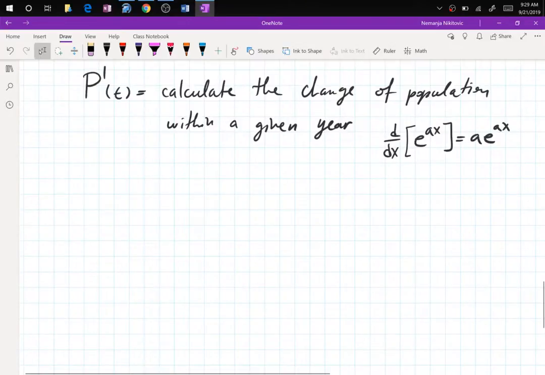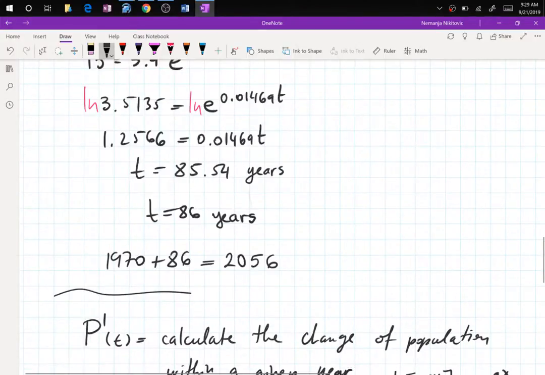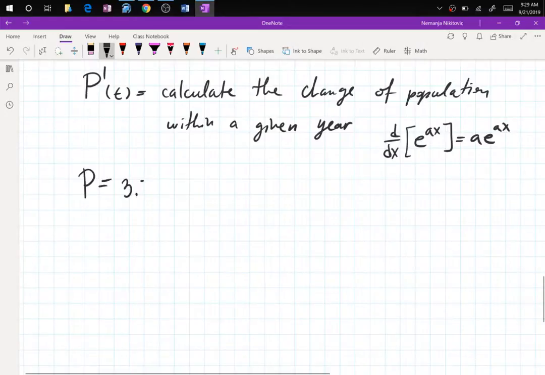So the model P is 3.7 e to the 0.01469 t.